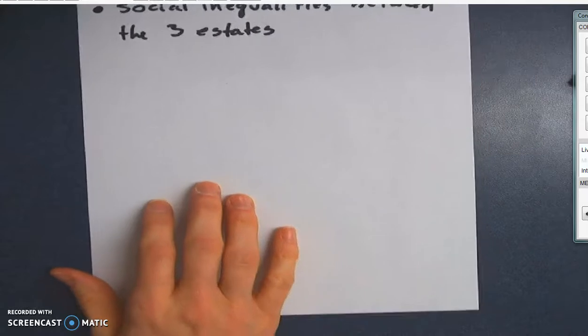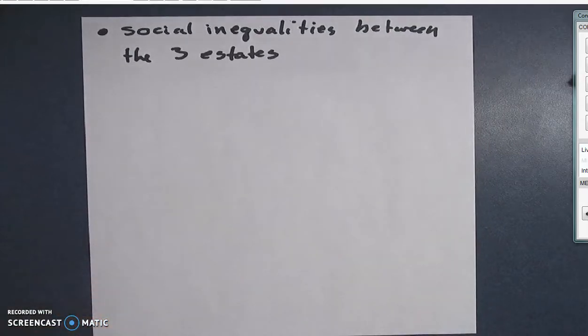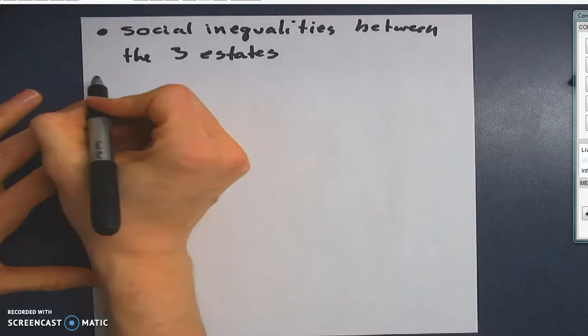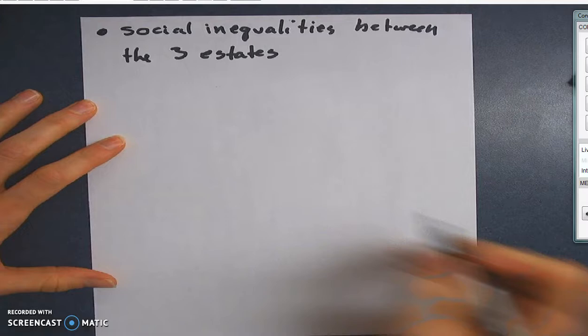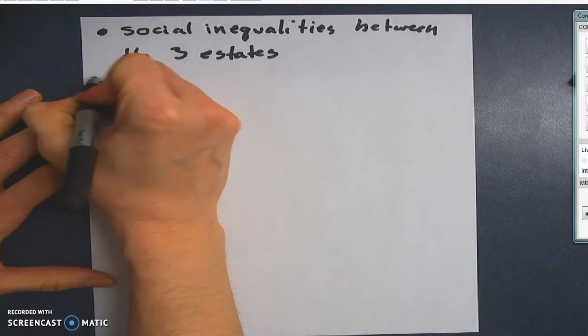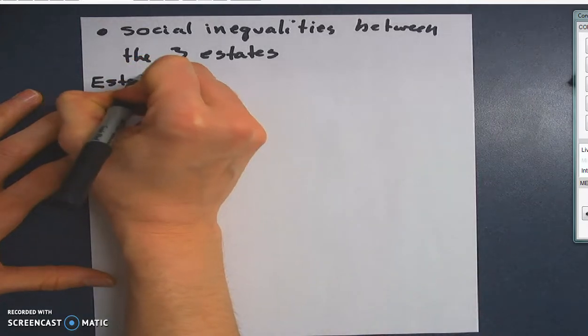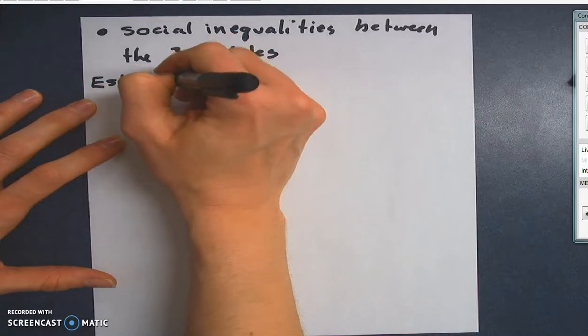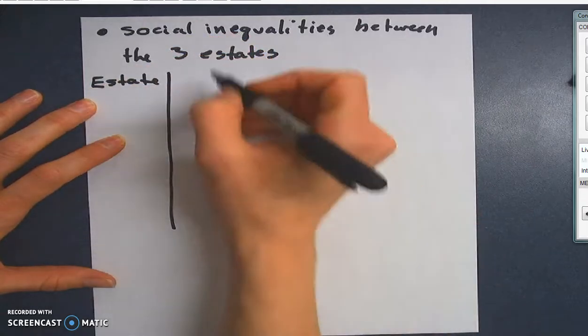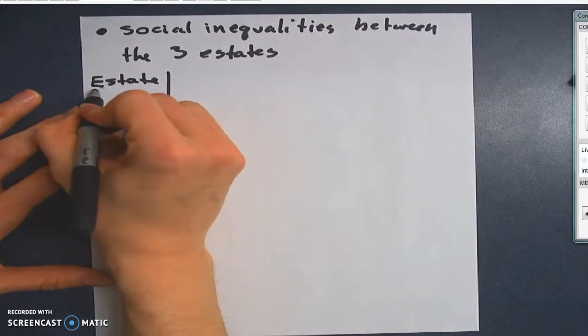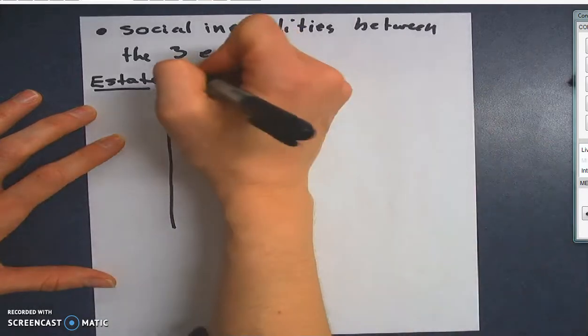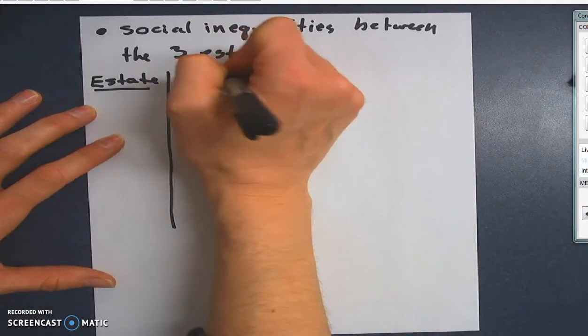So what I'm going to ask you to do now is on your piece of paper, we're going to make a 5-column chart. So the first column is going to be estate. The second column is going to be title, so what the estate did.